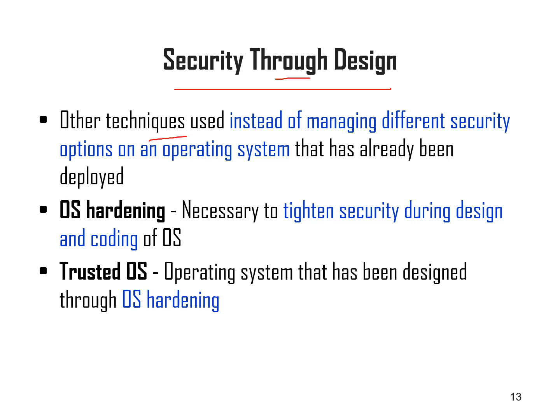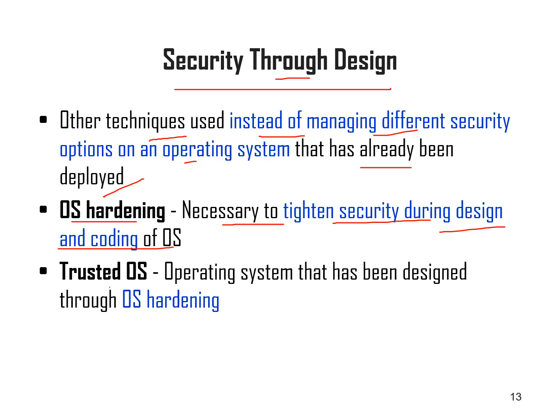Instead of managing the different security options of an operating system that has already been deployed, this is OS hardening. What is meant by OS hardening? It is necessary to tighten the security during the design and coding of the OS. If I want to secure a particular operating system, I have to do it during the design and coding of the operating system itself.